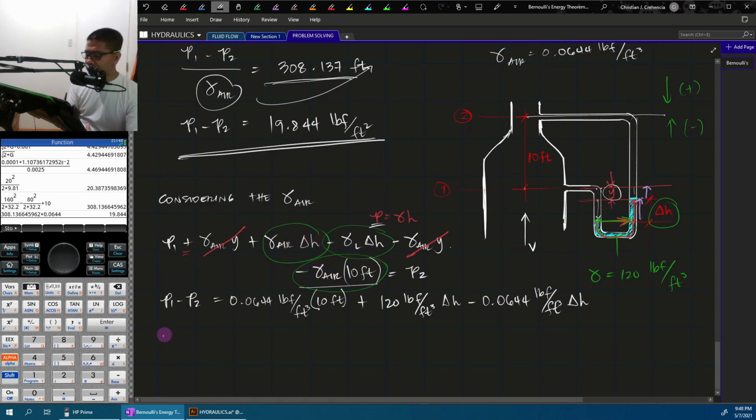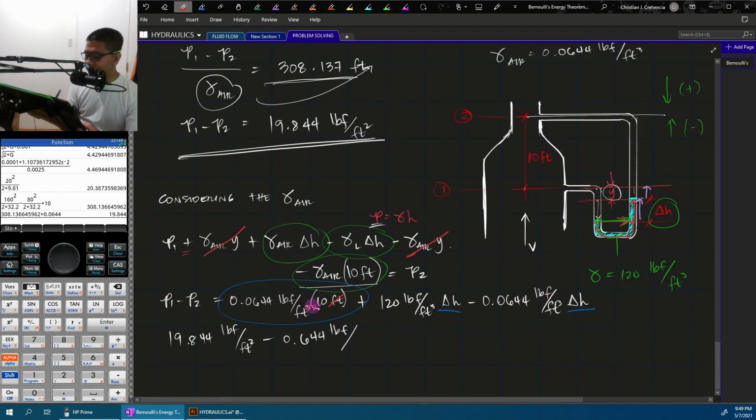So, P1 minus P2, then na-transpose na natin itong tatlo. Okay? So, P1 minus P2, yung na-solve natin kanina is 19.844 pound force per square foot. Then, nandito yung dalawang unknowns natin, delta H. So, pwede palang ibalik natin to dito sa left side para magkasama din yung delta H. So, minus 0.0644 times 10, so 0.644 pound force per, so we can cancel yung isang foot dito.